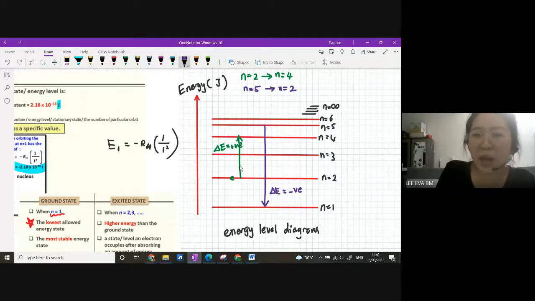So bila awak nampak transition, madam guna perkataan transition, maksudnya dia mesti involve dua energy level. It must involve two energy level. So absorption from lower to higher, yang ini absorption. Yang bawah sini emission, maksudnya energy is released, from higher energy level to lower energy level.